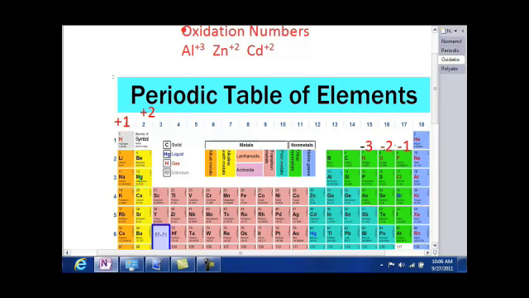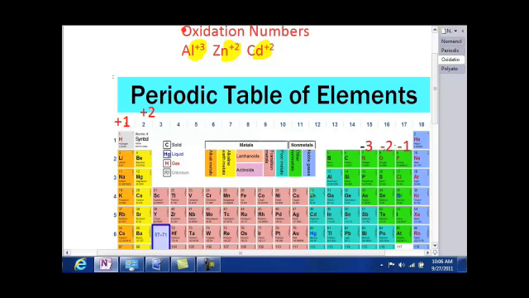What's going to be magnesium, calcium, strontium, barium? What are those? +2s. Okay, what about aluminum? And I have aluminum up here. Aluminum is a +3. Zinc is a +2. And cadmium is a +2. Okay, so in here I have aluminum. I'm going to maybe write a +3 in my chart, and the aluminum.